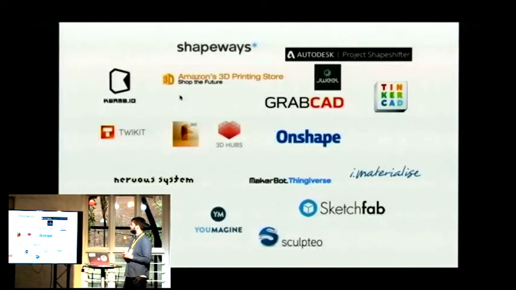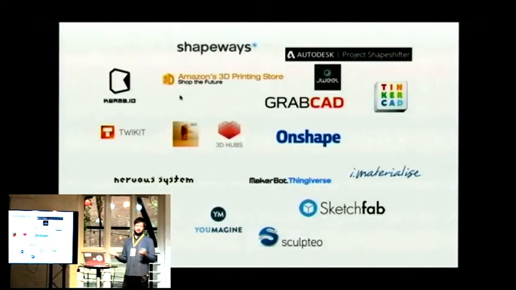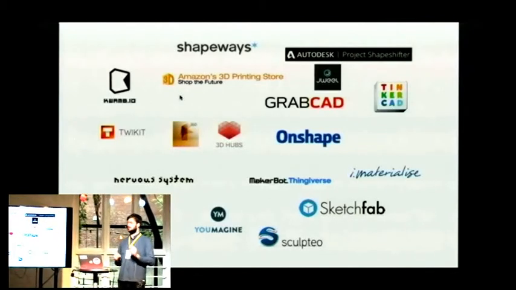Really interesting. Don't know if you've heard about Nervous System. They also work a lot with generative, maybe generative art or experimental products, and they have applications that allow you to customize your objects in very interesting ways.